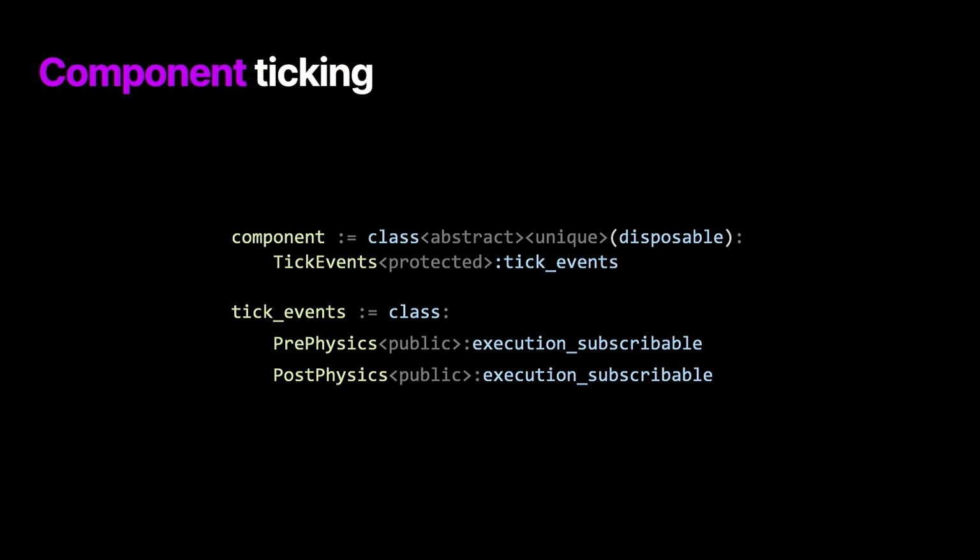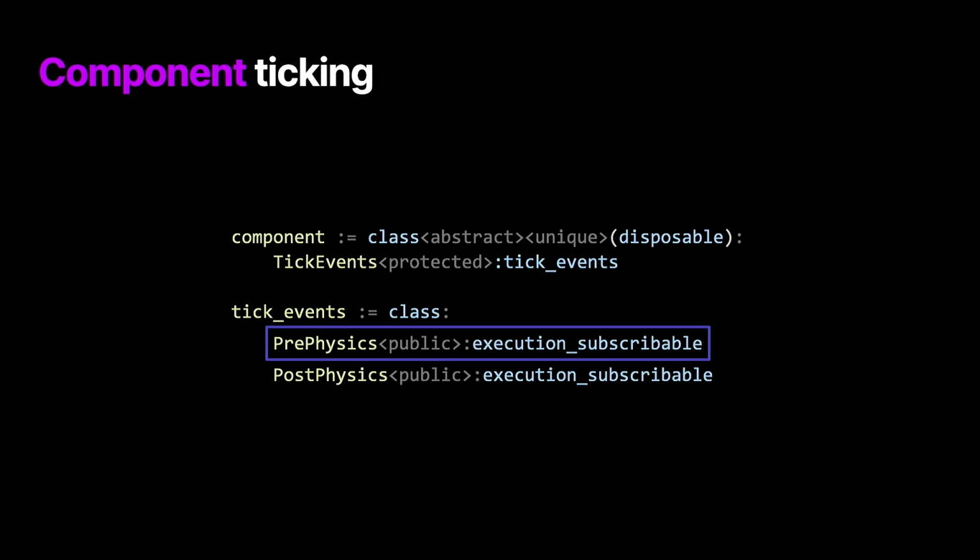Finally, on the coding side, we have some lightweight ticking that you can tie into. So the component has a tick events block, and it exposes two things. It exposes pre-physics and post-physics. These are callbacks that you can tie into if you want to receive events before physics runs in the engine or after. What you tend to be doing here is that if you wanted to apply an impulse to something and have it fly through the world, you do that in pre-physics. And if you want to read the result, you do that in post-physics.